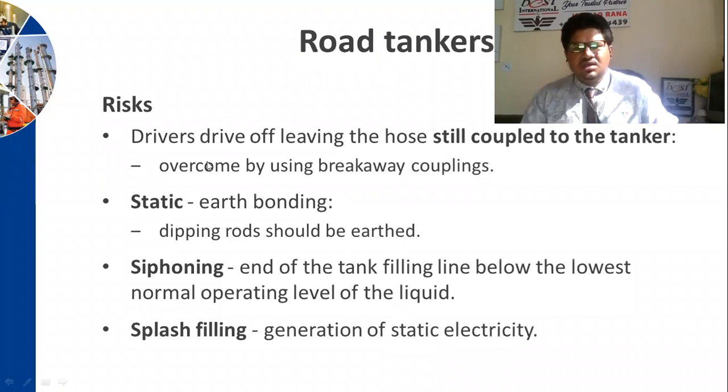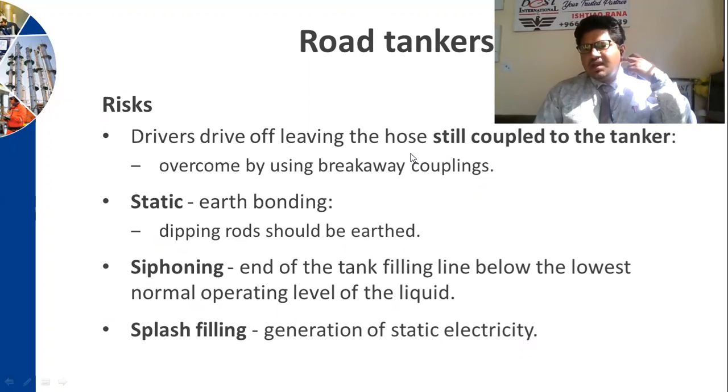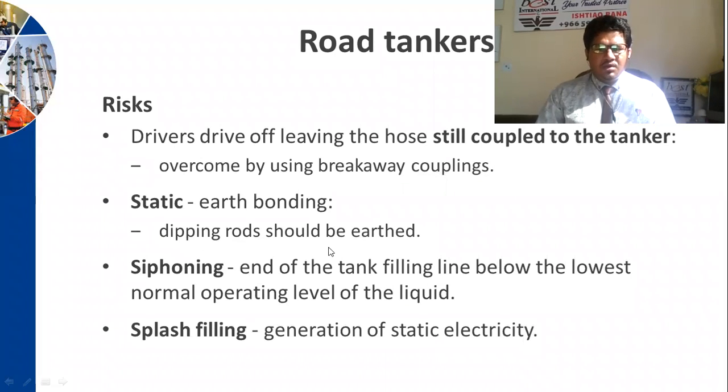What should be there for the risk? Drivers may drive off, leaving the hose still coupled to the tanker, overcome by using a breakaway coupling. Static earthing, like bonding, dipping rods should be earthed. Siphoning: the end of the tank filling below the lowest normal operating level of the liquid. Splash filling generates static electricity.